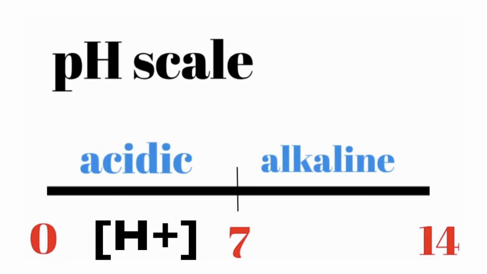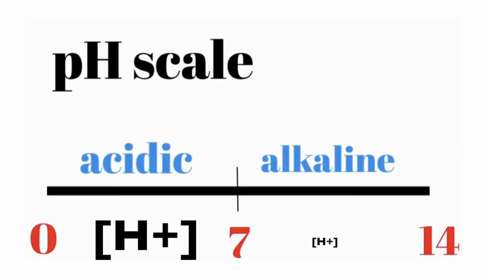A decrease in pH is an increase in the hydrogen ion concentration. An increase in pH is a decrease in the hydrogen ion concentration. That can take a while to wrap one's head around, but the smaller the number of pH, the greater the hydrogen ion concentration.